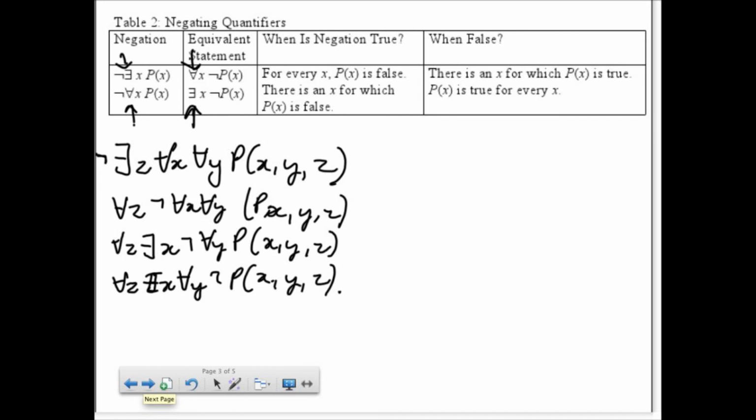Oh, that's a mistake, sorry. That should be there exists x, there exists y. And hence we can see how we went from step 1 to step 4 of negating nested quantifiers.